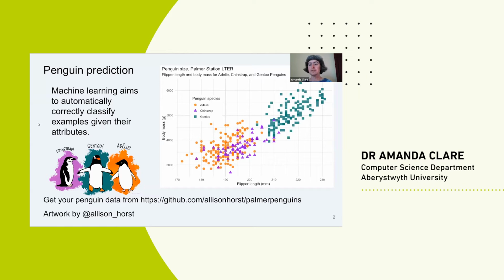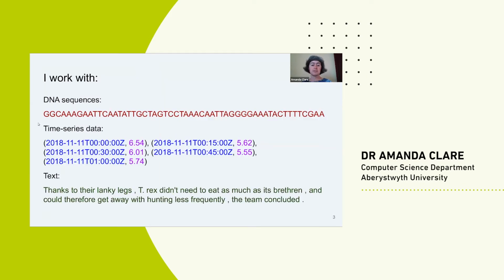But the kinds of data I've been working with lately include DNA sequences, time series data, and text. And all of these in the end are sequences, and they don't fit the normal machine learning perspective of each example of data having a set of attributes that neatly describes it.